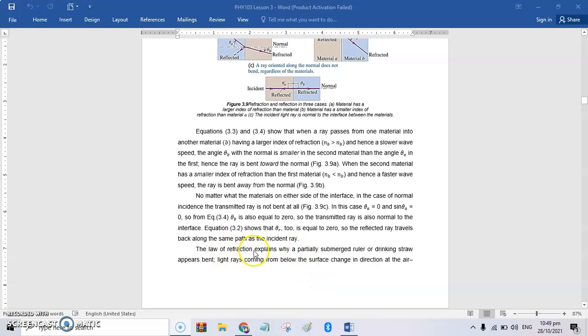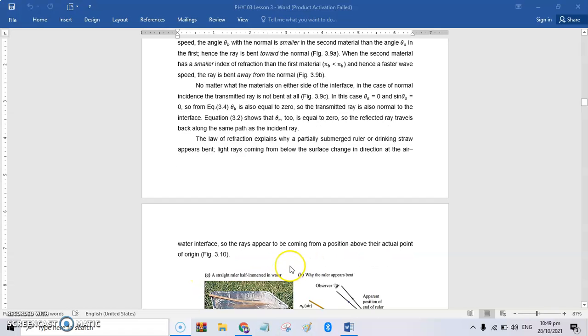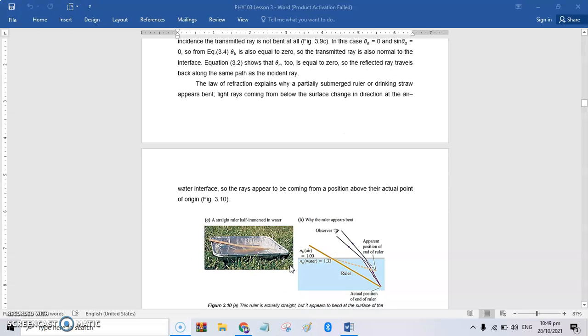Now the law of refraction explains why a partially submerged ruler or drinking straw appears bent. Light rays coming from below the surface change in direction at the air-water interface. So the rays appear to be coming from a position above their actual point of origin. So, this is the water and this is the ruler.